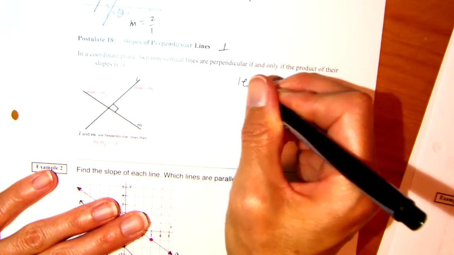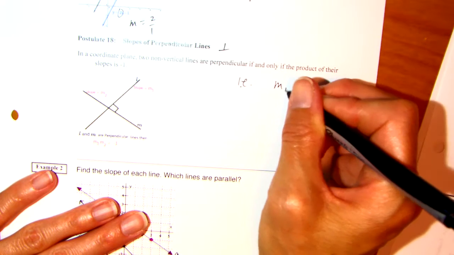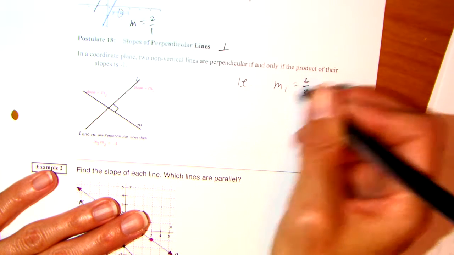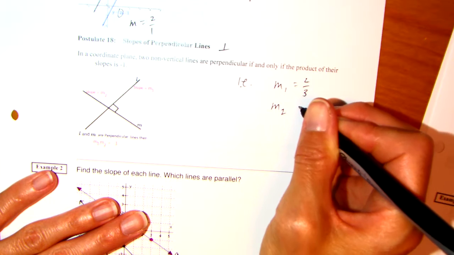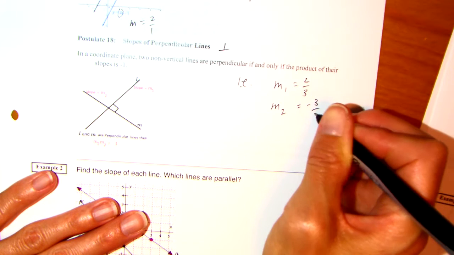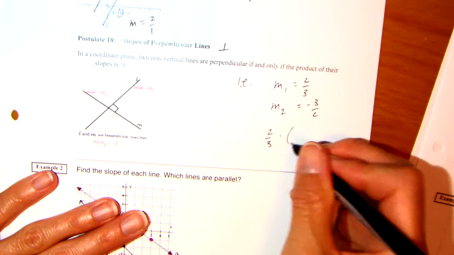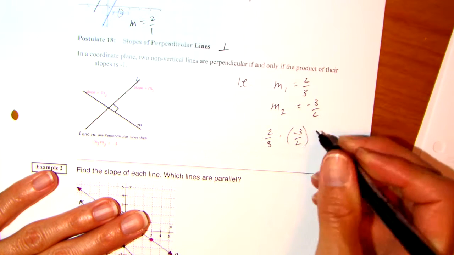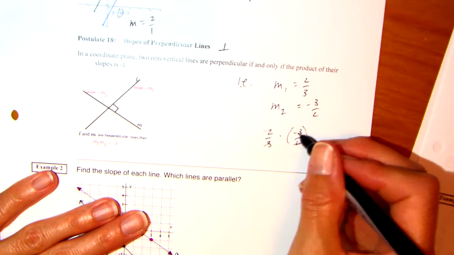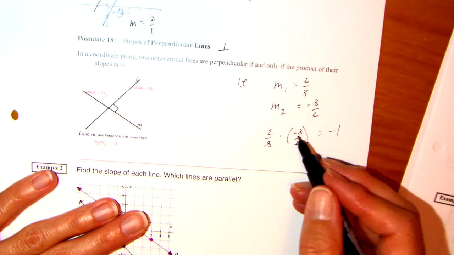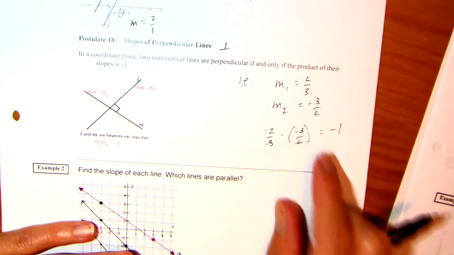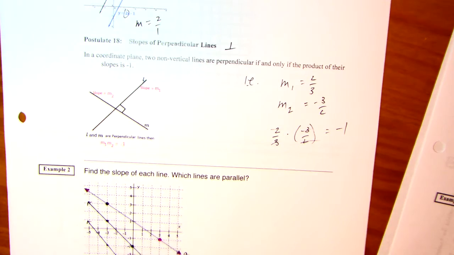For example, let's say the slope of m1 is 2/3, and the slope of m2 is -3/2. If I multiply them, the 2's cancel, these cancel, you're going to get -1. That negative's still there. So they're opposite reciprocals.